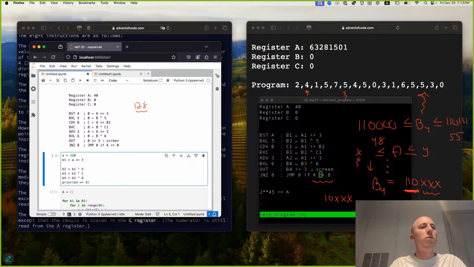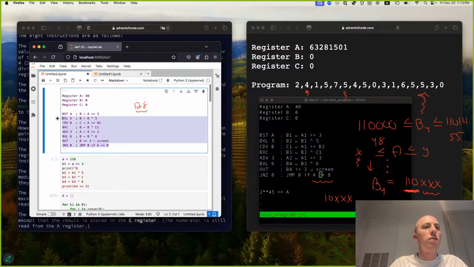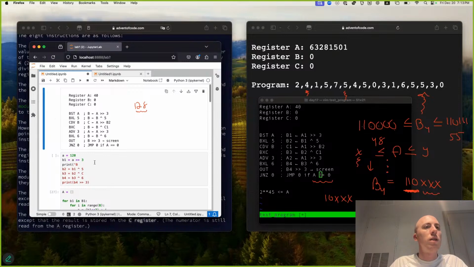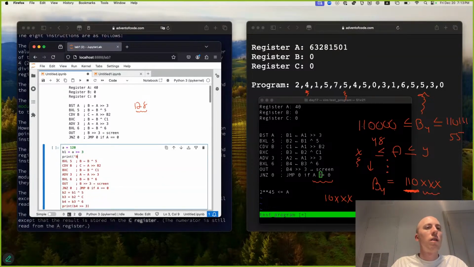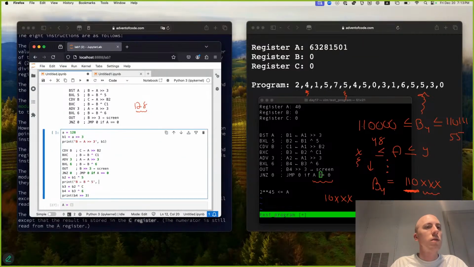So maybe we'll say print, grab this stuff, and then we'll print B1 like this. And we'll print B2. And then this goes into C.